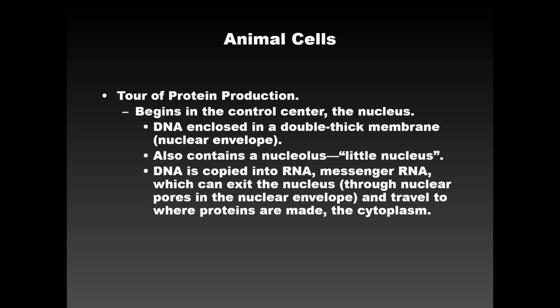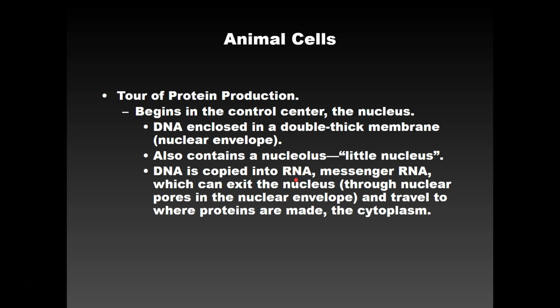I need an enzyme that can help me catalyze this reaction, or whatever that cell or that organism happens to need. It goes into the nucleus and it makes a copy of the recipe for the protein that it needs. That recipe is copied in the form of RNA.